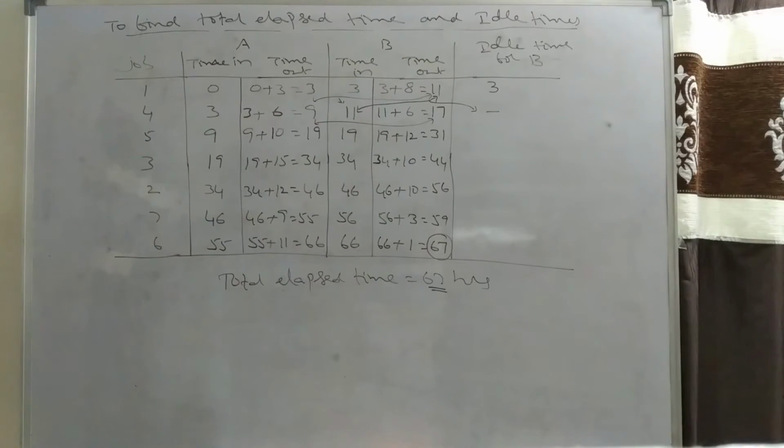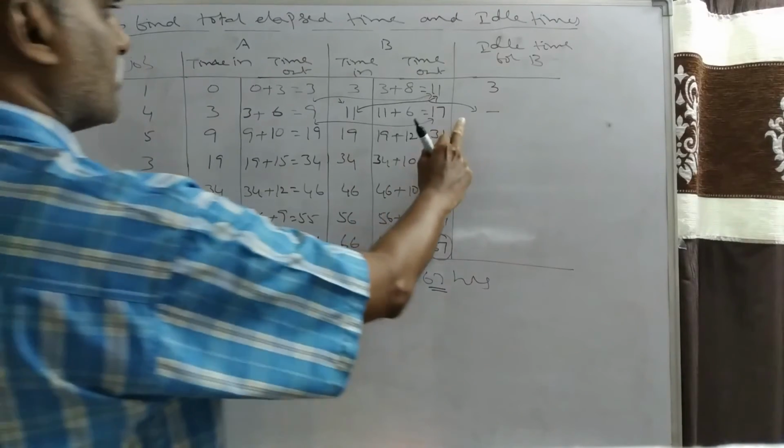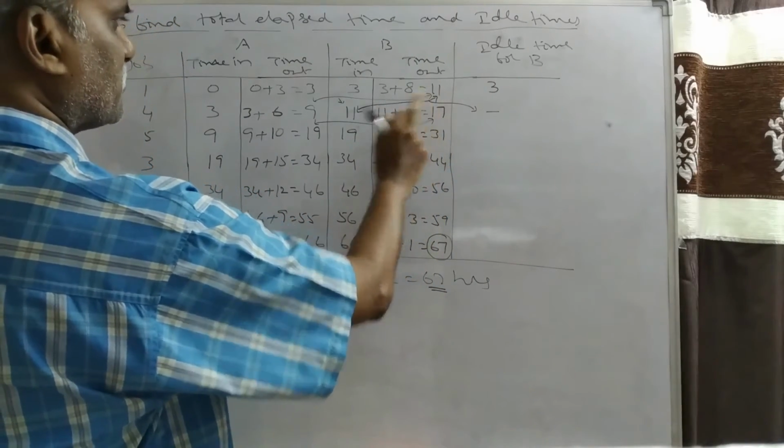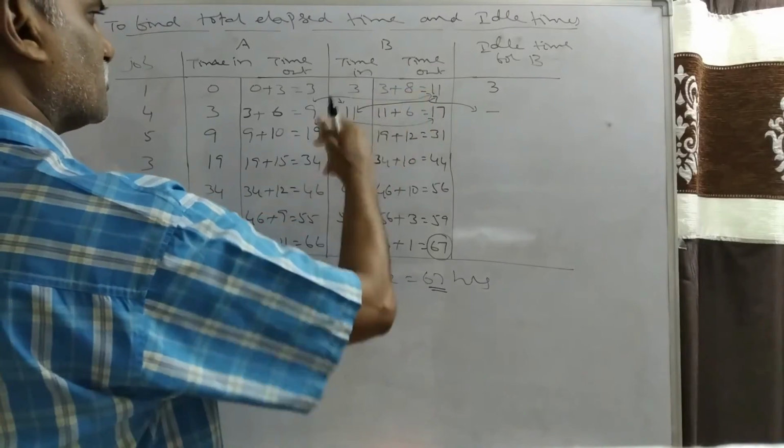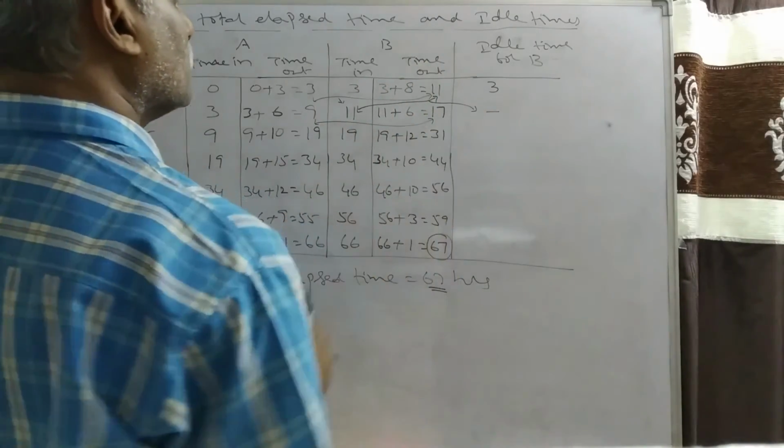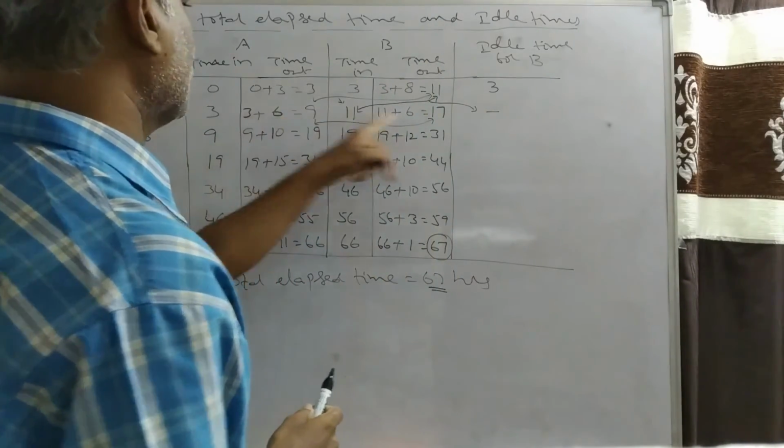So idle time for B is the completion of the previous job minus the starting of the present job. That gives idle time for machine B. Here completion of the previous job is 11 hours, starting of the present job is 11 hours, so there is no gap. So idle time for B in this case is 0.